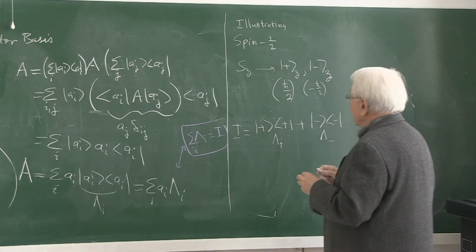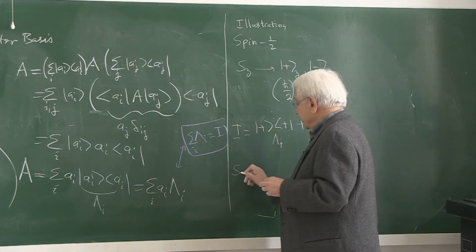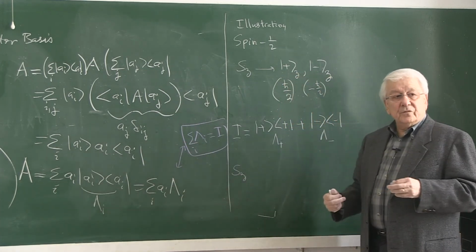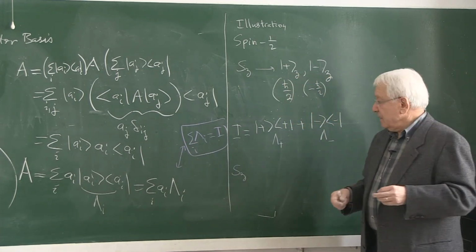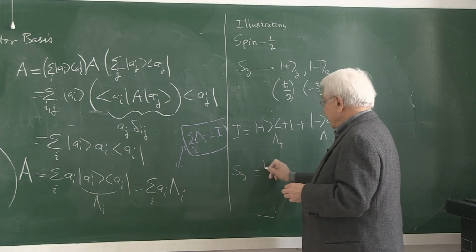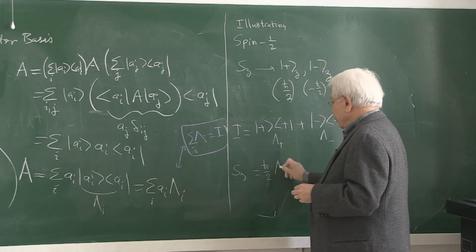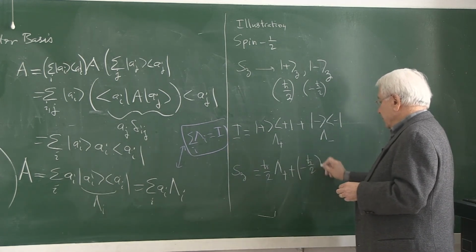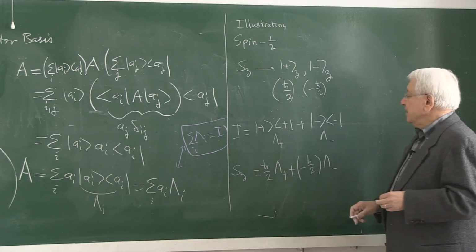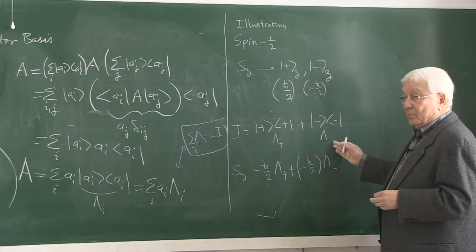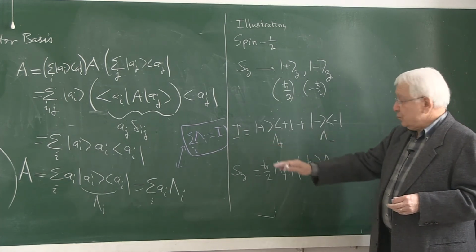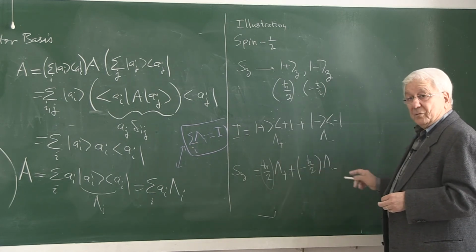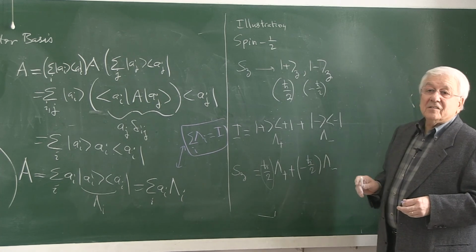Second, I should get the S z. Again, this expression comes to rescue us. It is h bar over 2 times the plus projector, plus minus h bar over 2 times the minus projector, right? That's, if you want, lambda plus plus lambda minus is equal to 1, and the associated eigenvalue times lambda plus plus the associated eigenvalue times lambda minus is the S z itself.